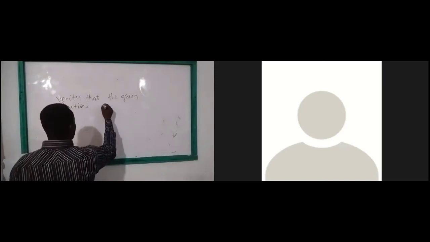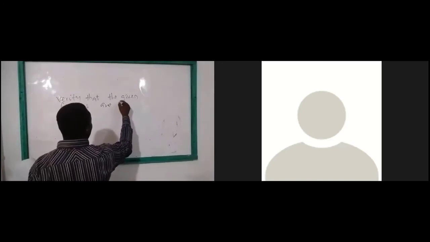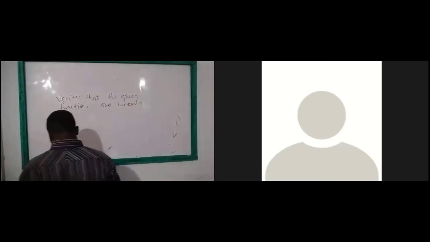If it is a function, for instance, if we are to verify that the given functions, we have f1, the first function, to be exp(2x).